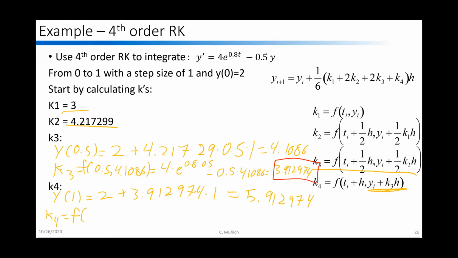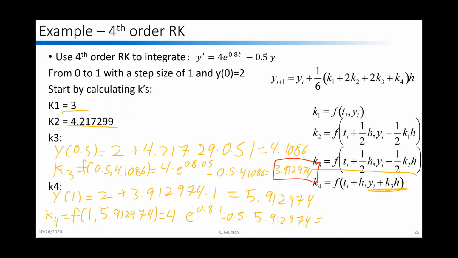Now I'm ready to solve out for k4. That's equal to my function value at 1, comma 5.912974. This is 4 times e to the 0.8 times 1 minus 0.5 times my y value of 5.912974.